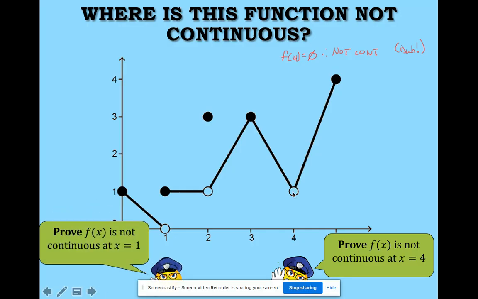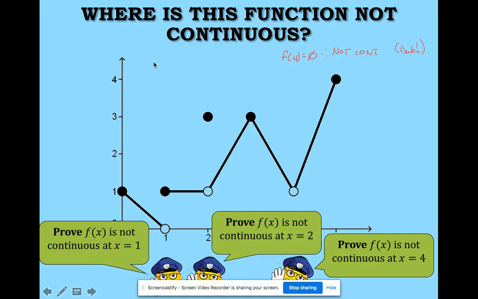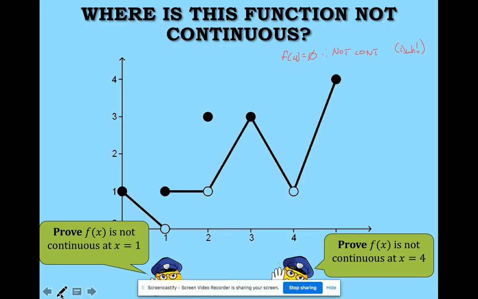But look what happens at 1. At 1, when I try to do the same thing, I try to say, well, what is f of 1? F of 1 is 1, isn't it?